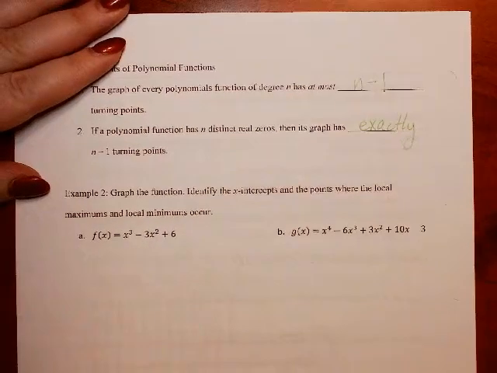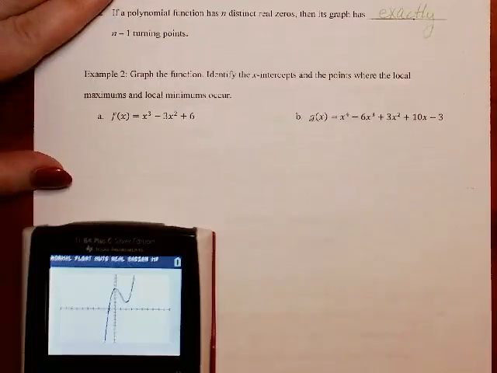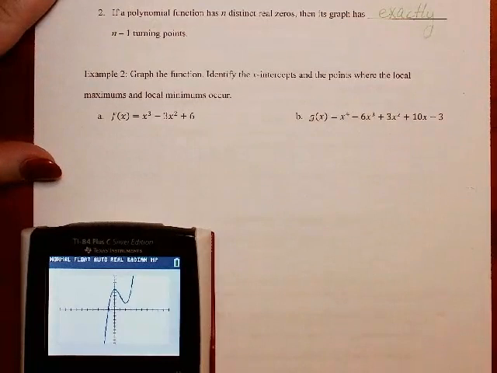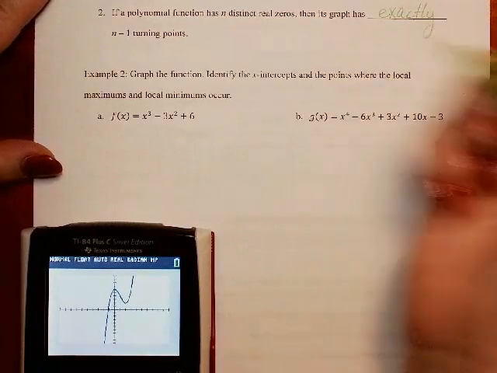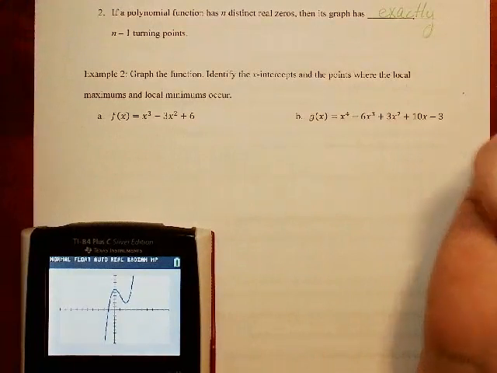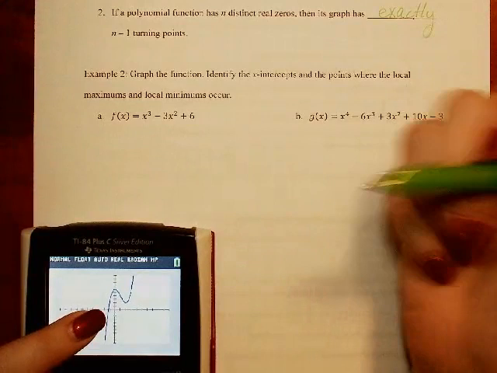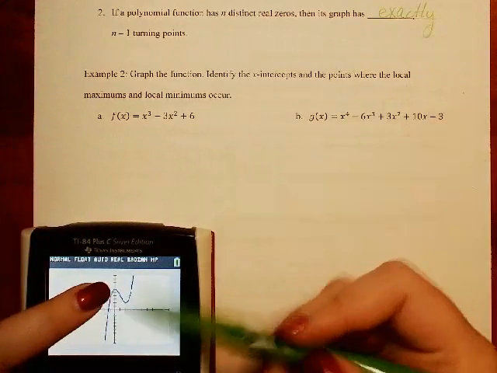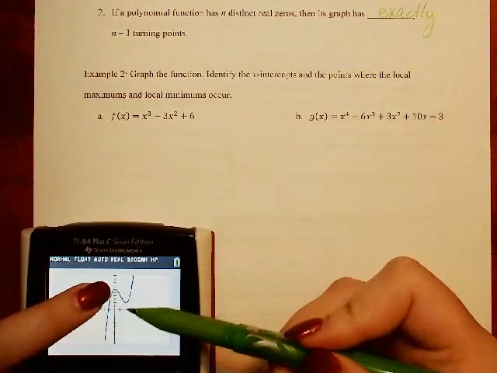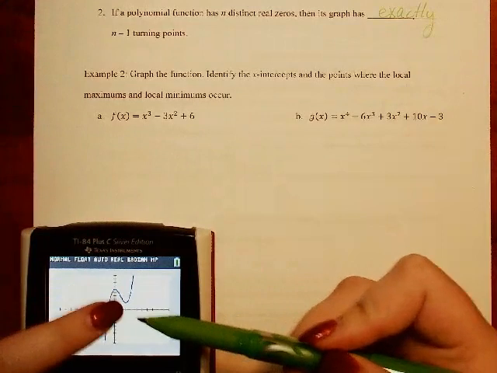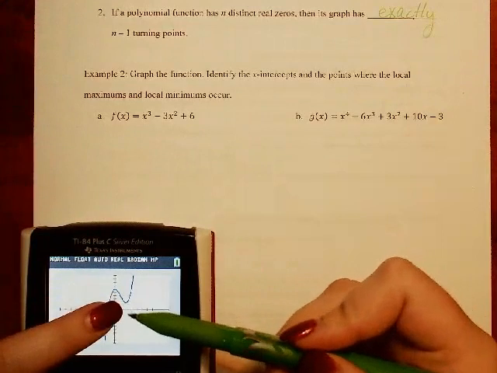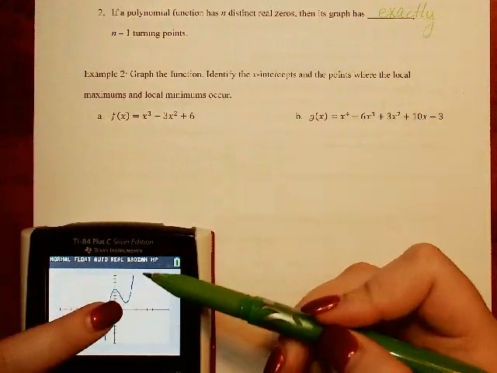We are going to identify the x-intercepts and the points where local maximums and minimums occur. So we have an x-intercept here. We have a local maximum here where it comes up to the top of a hill. We have a local minimum here where it comes down to the bottom of the valley. So we are going to have one of each.